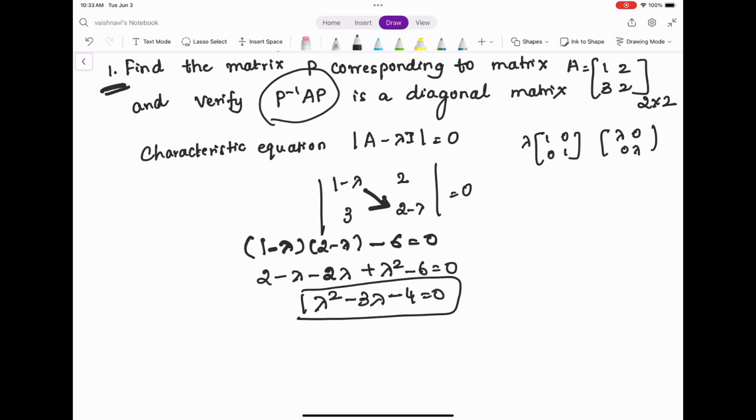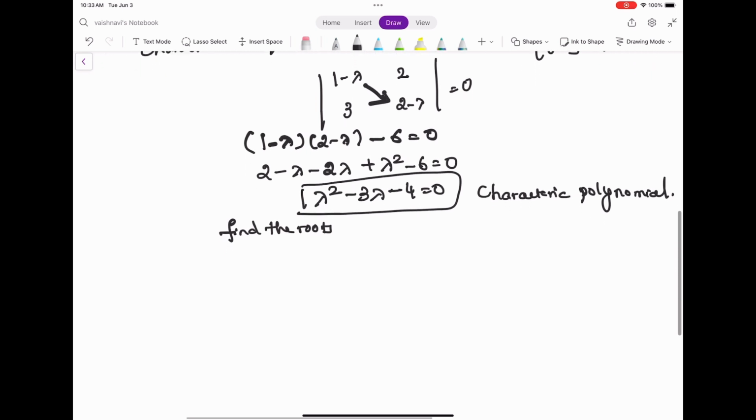This is called the characteristic polynomial. From this characteristic polynomial, we have to find the roots. Once we have done this, we use our traditional method, the factorization method: lambda minus 4, lambda plus 1 is equal to 0.